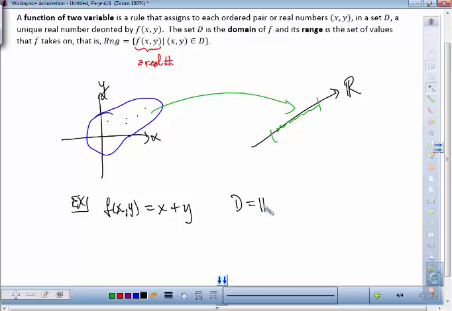I think this is what you meant, William, right? But that doesn't mean real numbers are being squared. So all ordered pairs, the whole enchilada, the xy plane, can be your input.